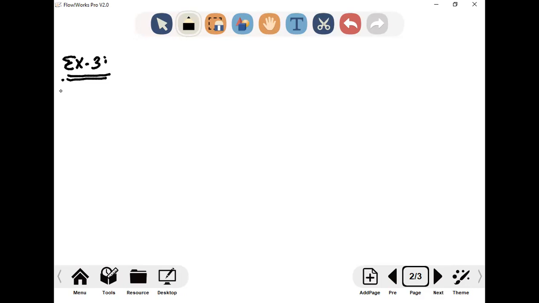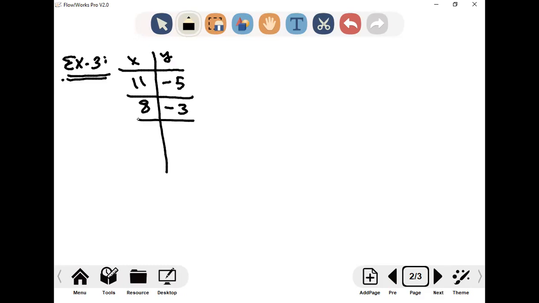So for example 3, we have this table. Focus please. We have x and y. We have 11, -5, 8 with -3, 5 with -1, and 2 with 1, and -1 with 3.